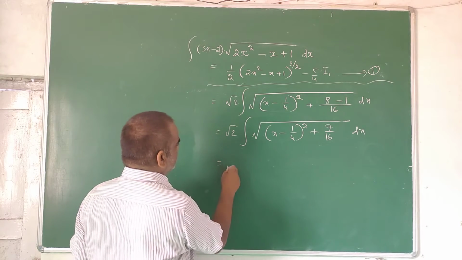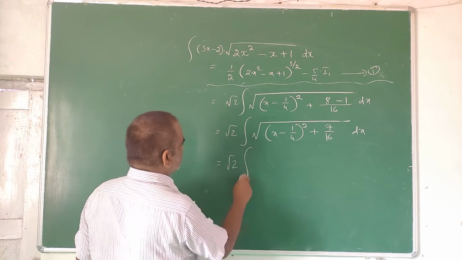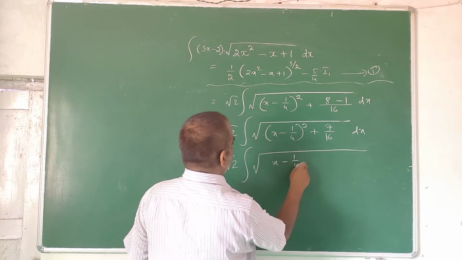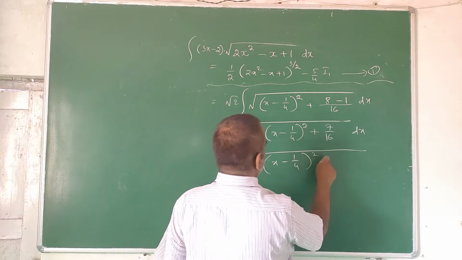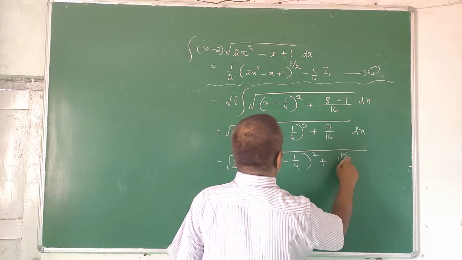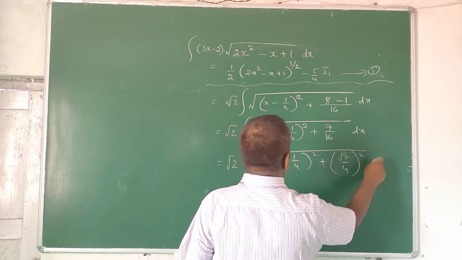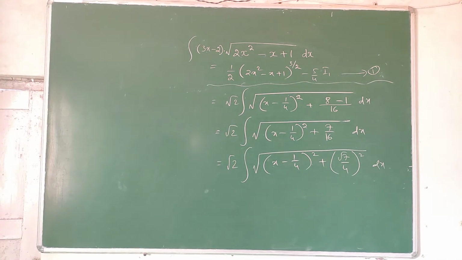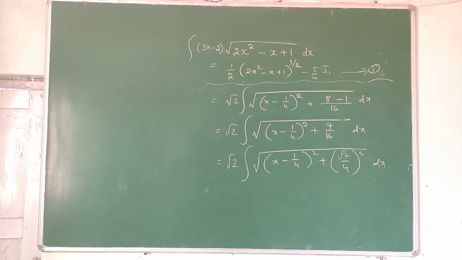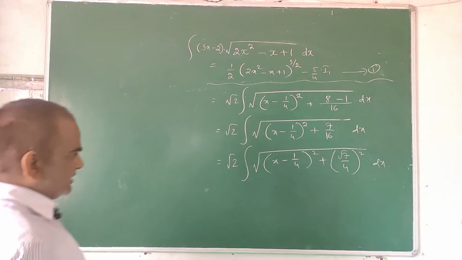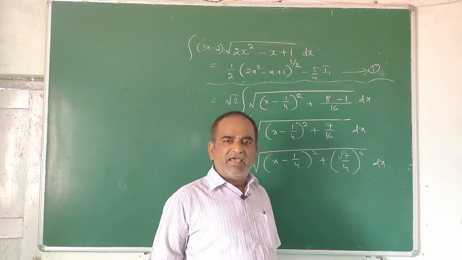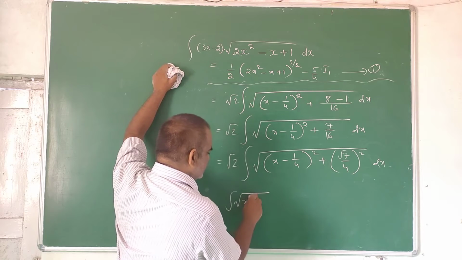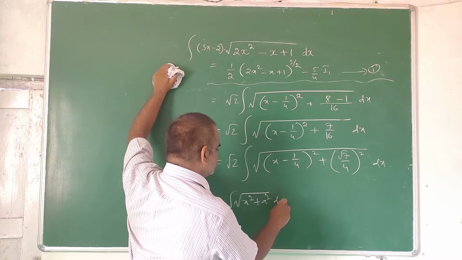Is equal to root 2 into integral root over x minus 1 by 4 whole square. This can be written as root 7 by 4 whole square dx, right? Now in the previous class we have evaluated the integral root over x square plus a square dx.